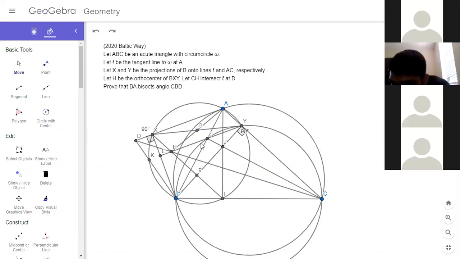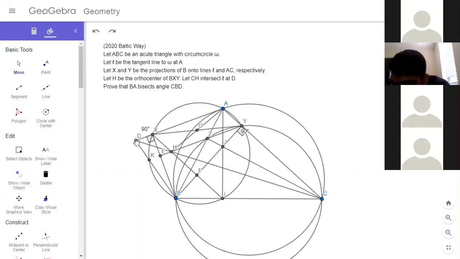Then try proving that these three lines are concurrent. AH, AX and BK. So this point D, right?